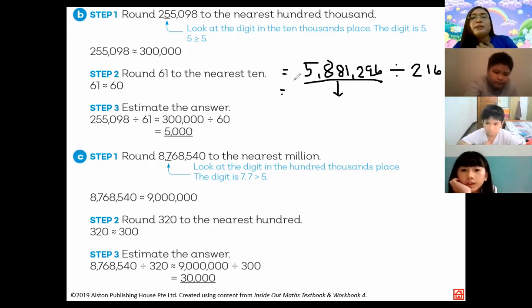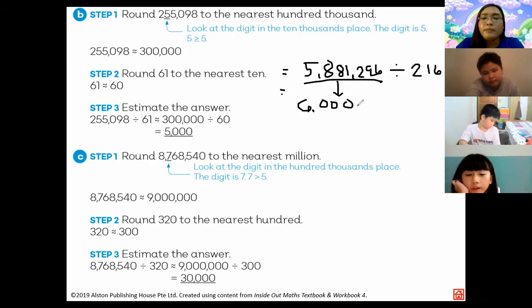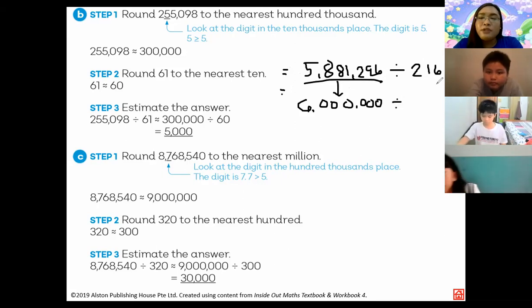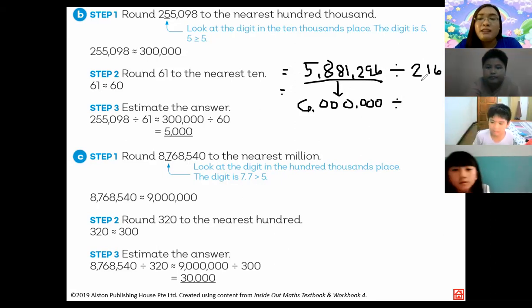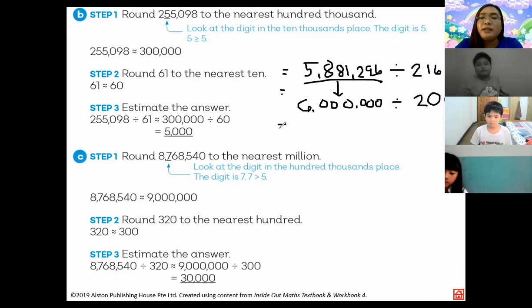What is the estimate number? 6 million. Okay, so 6 million. And then what is the round off number of 216? Nearest 100. 200. Okay, 200. All right, now let's divide 6 million by 200. What's the answer?